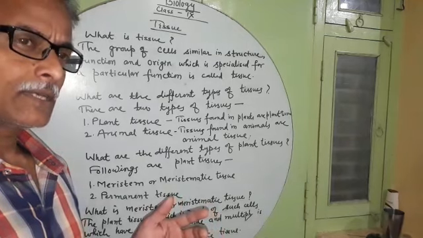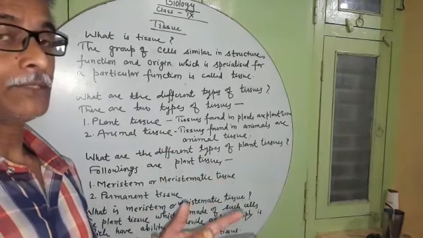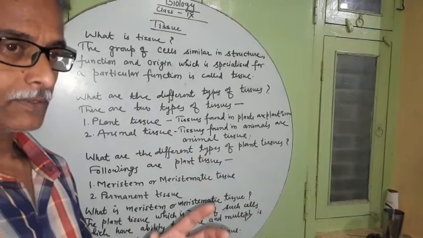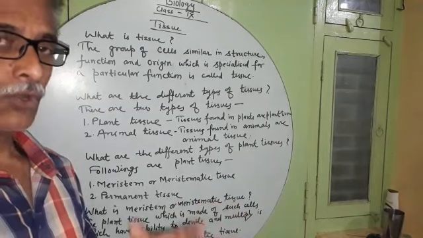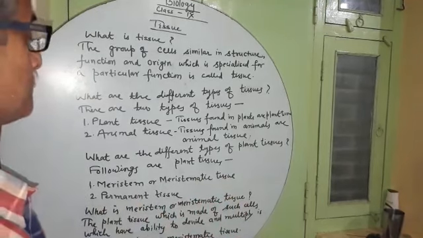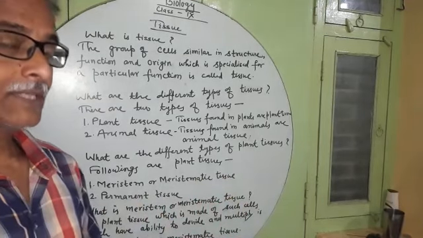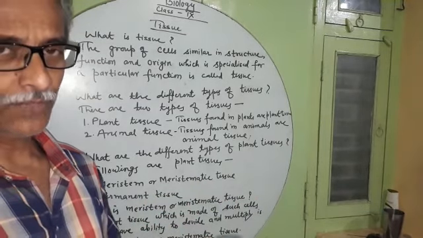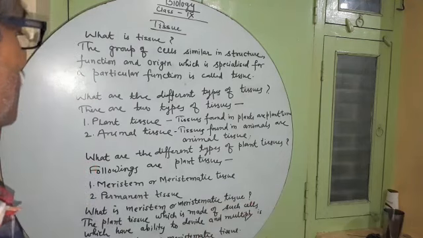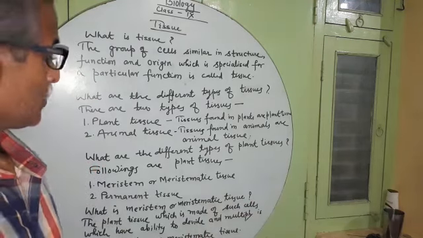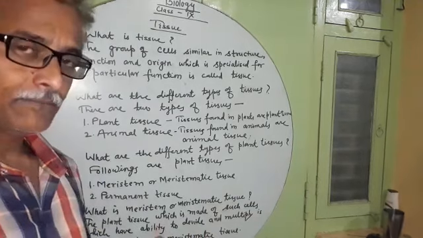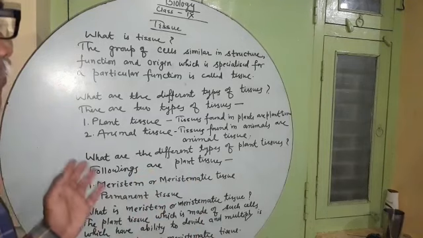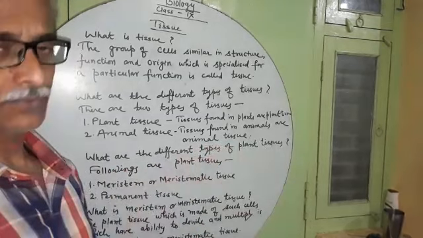As the body of a multicellular organism is made up of cells, tissues, organs and organ systems, there are many types of tissues which are found in these organisms. So a question arises: do we find different types of plant cells, or what are the different types of plant tissues?